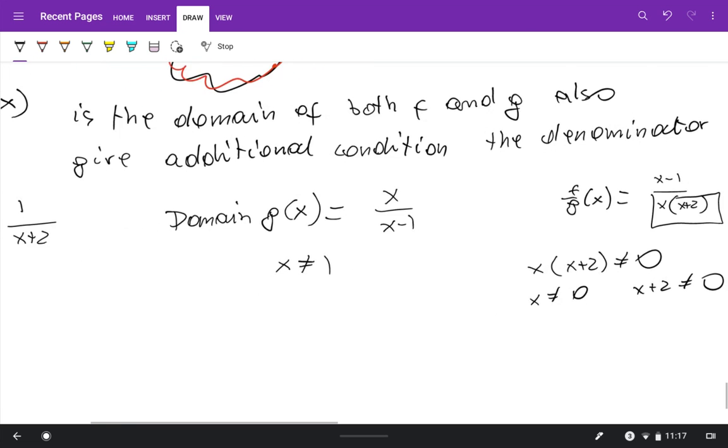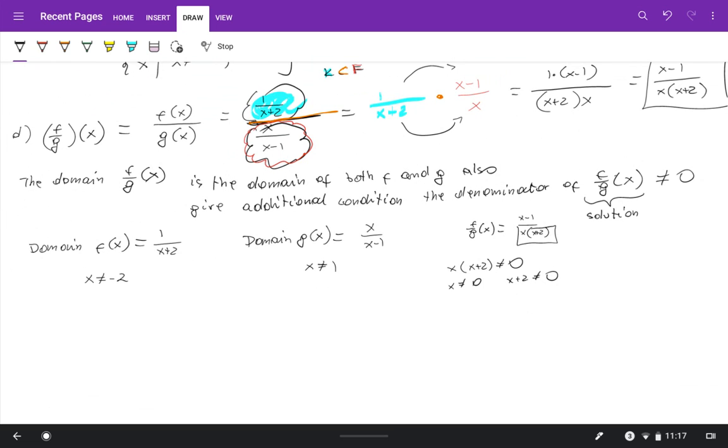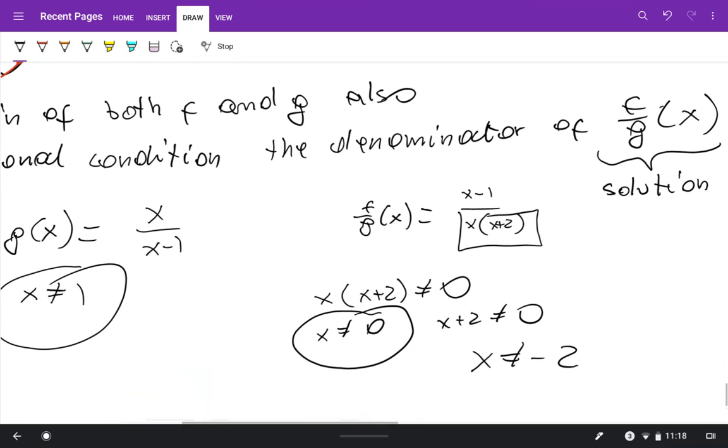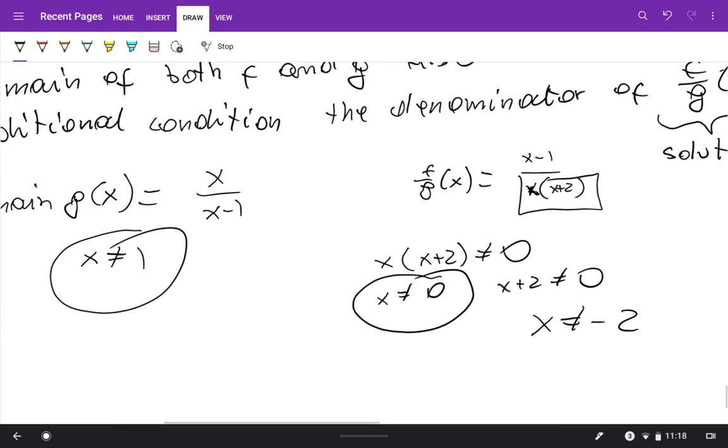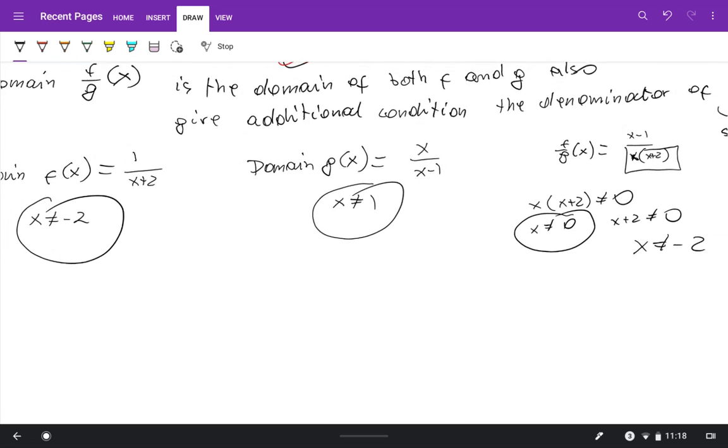So you have to combine all of them together. x plus 2 not equal to 0 means x is not equal to negative 2, which I already have. x cannot be equal to 1. And don't forget, this is extra: x also cannot be equal to 0. I found that 0 because my final quotient has x in the denominator, so I also have to give one extra condition: x cannot be 0, because that would make our quotient undefined. So we're going to combine all of them together.